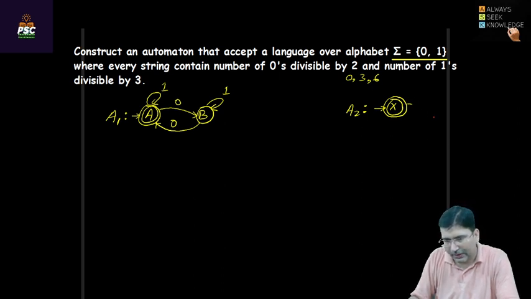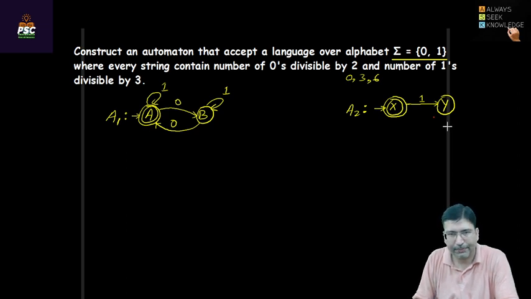Now when 1 comes, it reaches, let's say, state Y, and Y should not be final, because a single one should not be accepted.